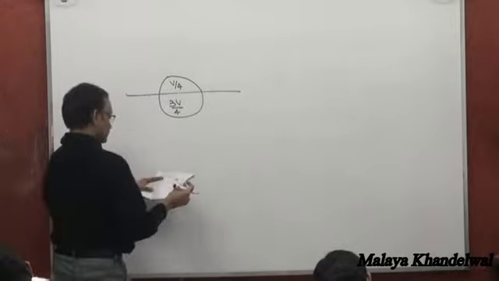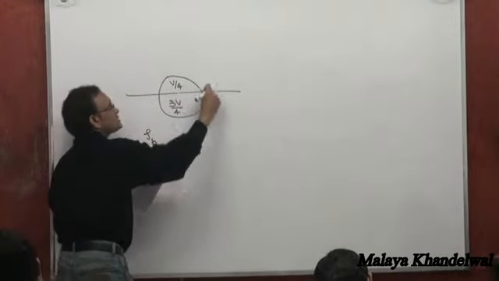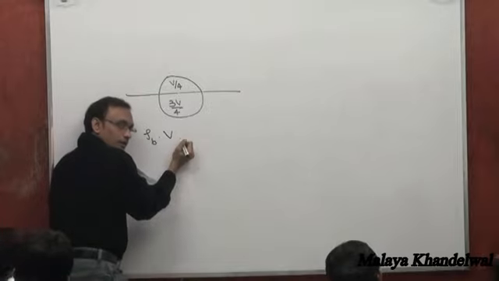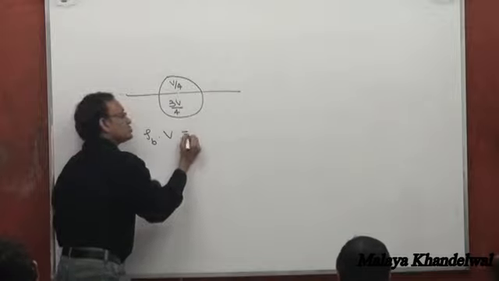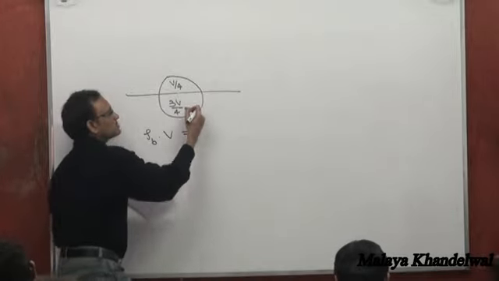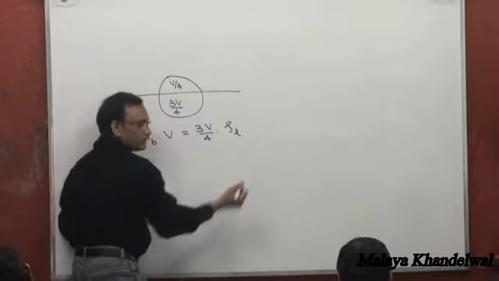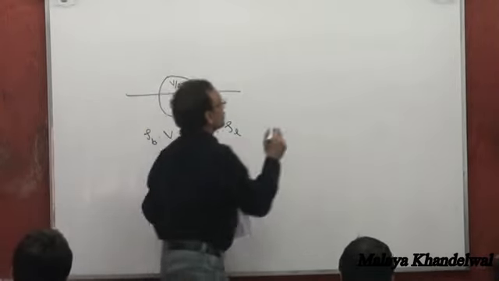Which means, if rho B is the density of this solid, then rho B into V would be the mass of the solid. That must be equal to the mass of the liquid displaced. Mass of the liquid displaced would be 3V by 4 into rho of the liquid. Yes or no? Okay.